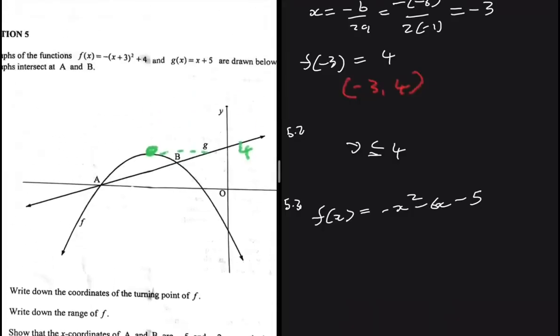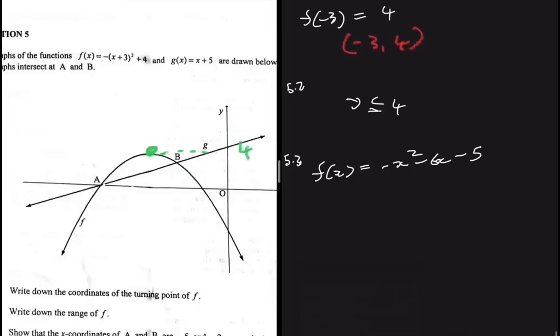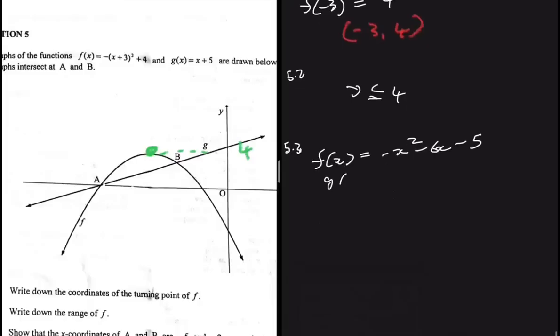to do is equate f of x, our parabola, right? And g of x, our straight line. So the equation of our straight line, we have g of x is equal to x plus 5. So if we equate those two, we're going to get minus x squared minus 6x minus 5 is equal to x plus 5.